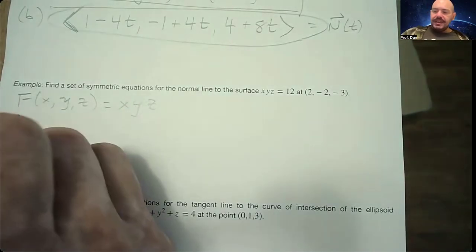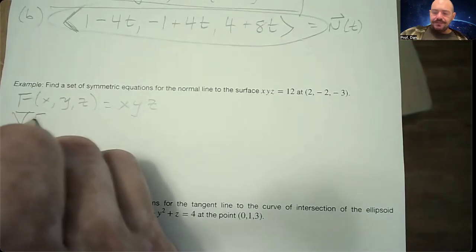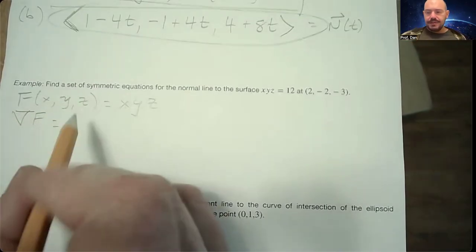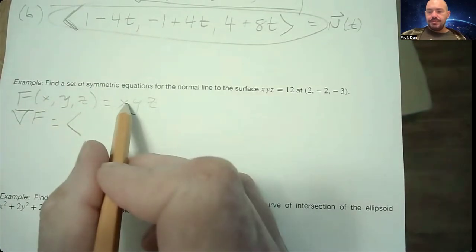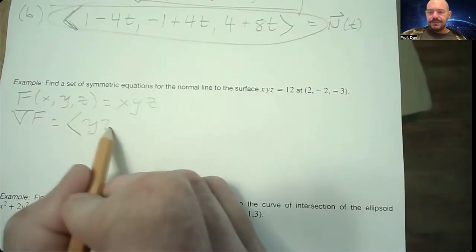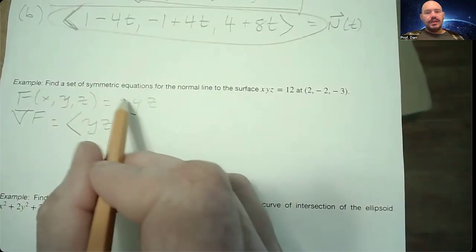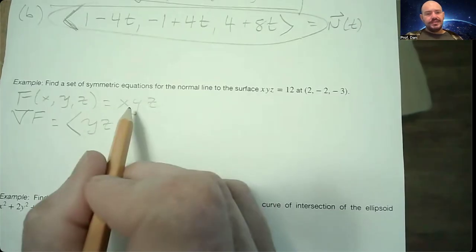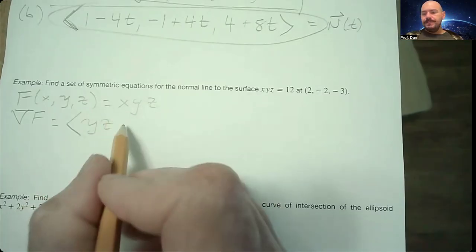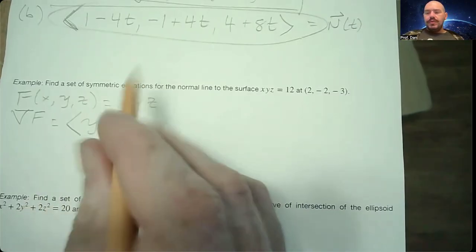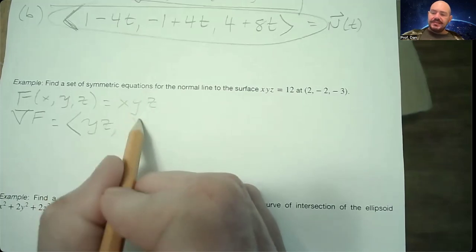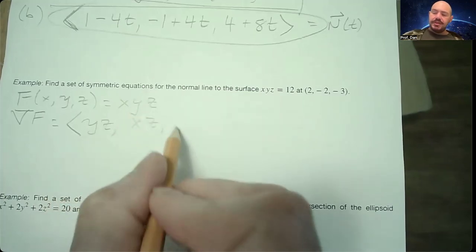If I find the gradient, del f, just in general, the x component would be yz. That's the derivative of this if y and z are constants and x is the variable. The y component is xz and the z component is xy.